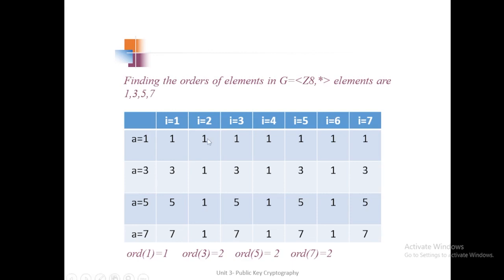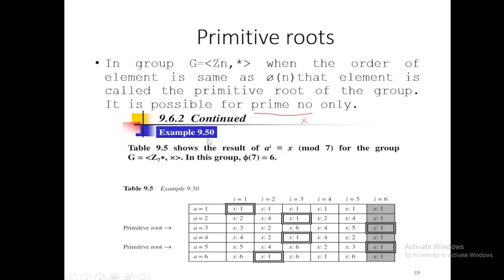Then we need to find primitive values. That means primitive roots. So what does a primitive root mean in a group? If you take, for example, G equal to Zn star, when the order of an element of Zn is the same as pi of n, then that element is called a primitive root of the group.